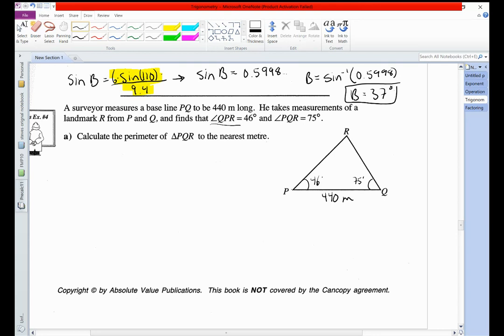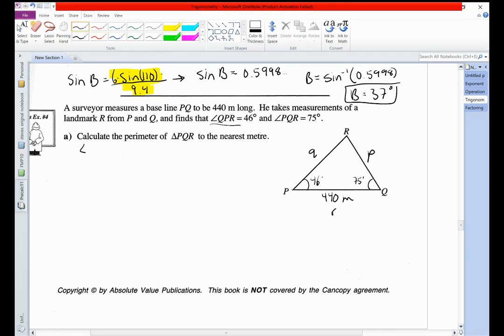So the perimeter means we have to calculate the distance around the outside. So that means we need to find side length little q and side length little p. And this is side length r right here. In order to do this, we need angle R as well, which we can find because all of the angles in a triangle should equal 180.